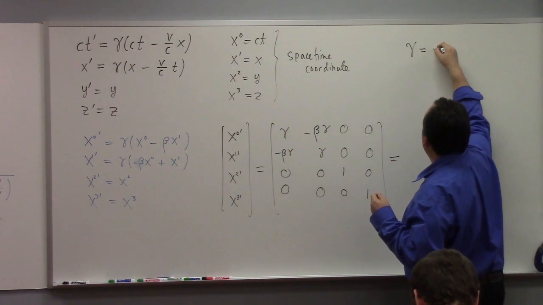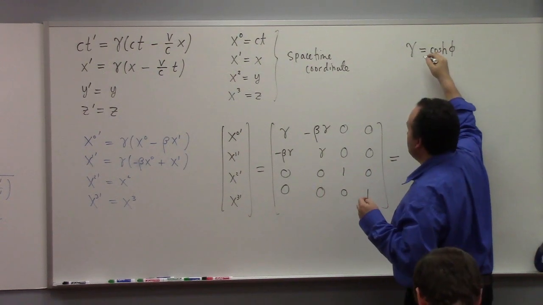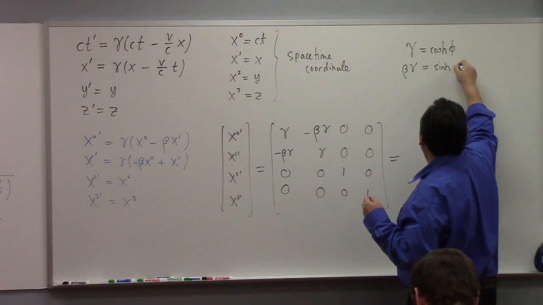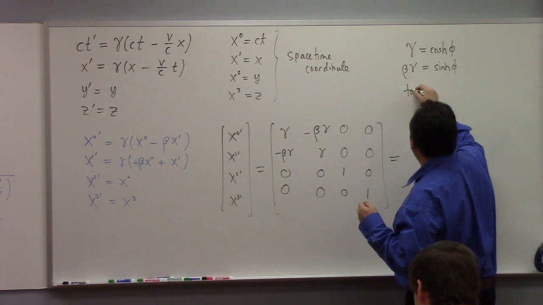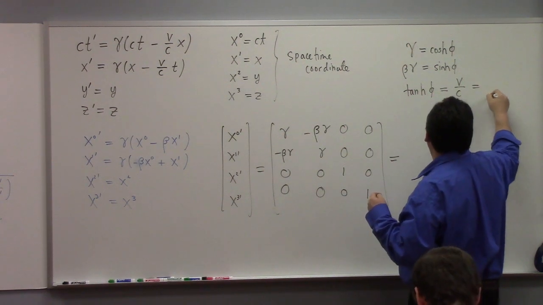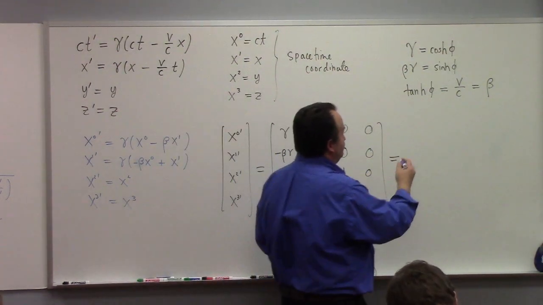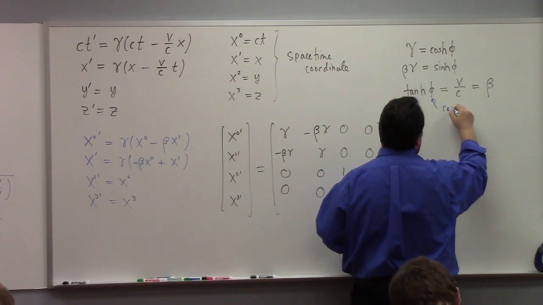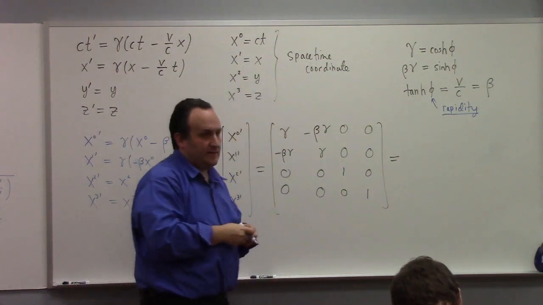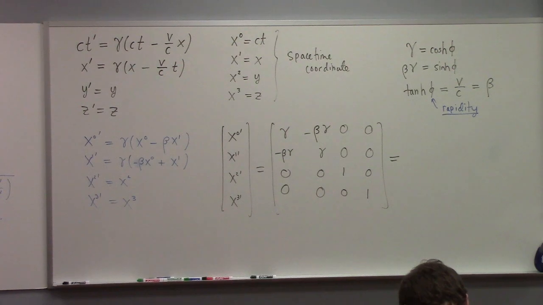The gamma is the hyperbolic cosine of the rapidity. Beta times gamma, it turns out, is the hyperbolic sine of the rapidity. The rapidity itself is defined by this: the hyperbolic tangent of the rapidity is equal to the velocity divided by c.